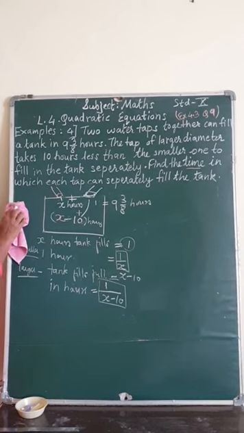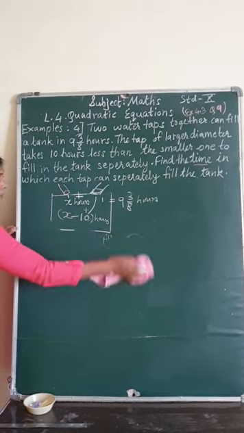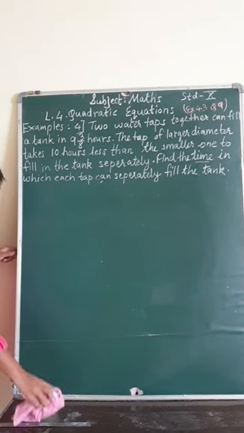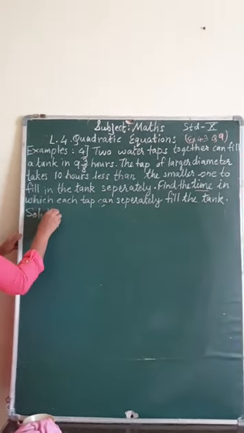So let's start the solution. Here, let the time taken to fill the full tank by the smaller tap be x hours, as we discussed here.